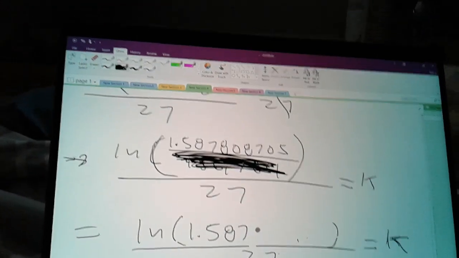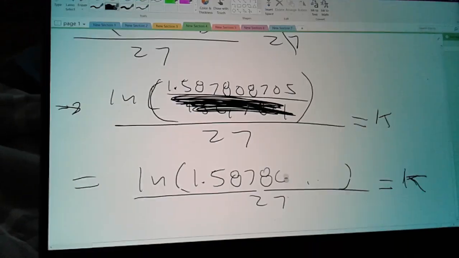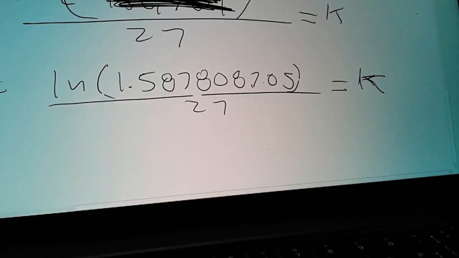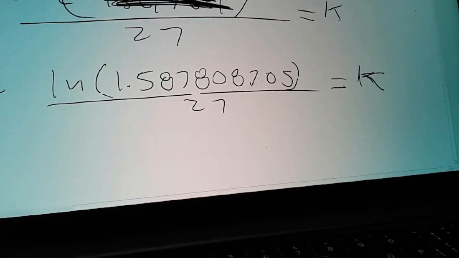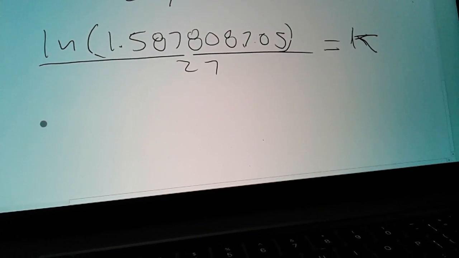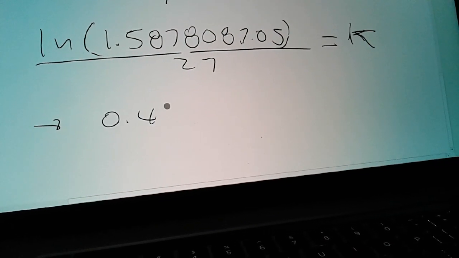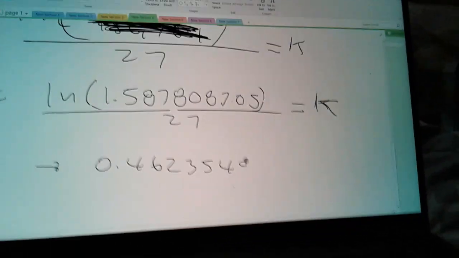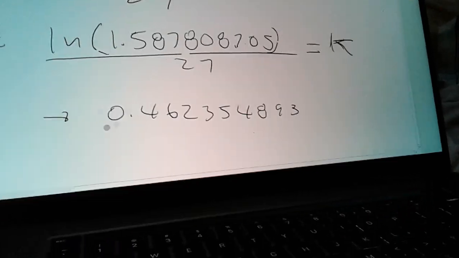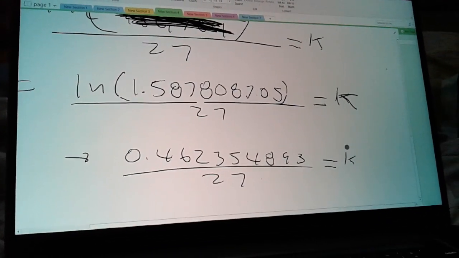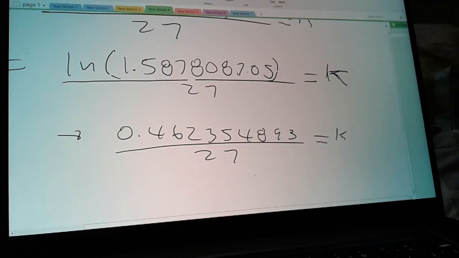I'll just write it again so it looks cleaner. So if I ln that, I get 0.4623548893. So if I divide that by 27, what do we get?